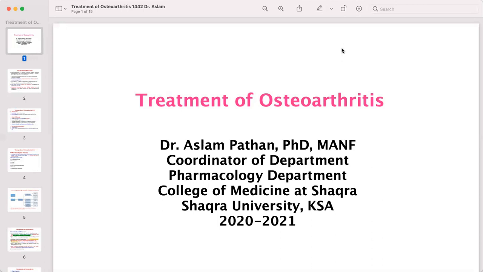These are the objectives as per the requirement of our block in the pharmacology.